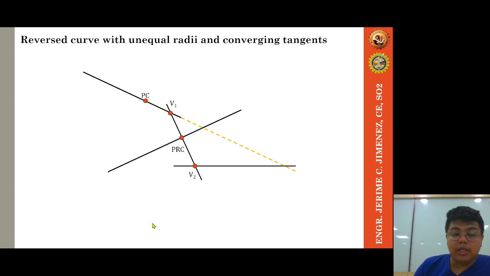Same goes when we transfer the distance from PRC to V2 to the forward tangent. That point is what we call PT. Let's draw the radius of the first curvature and the radius of the second curvature. Okay?